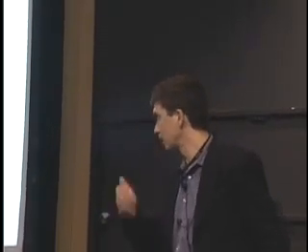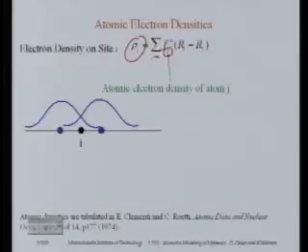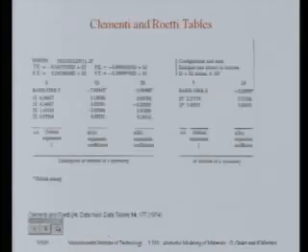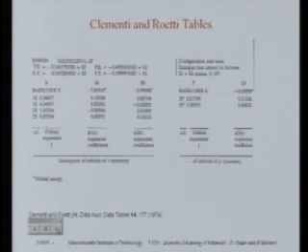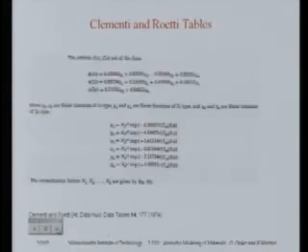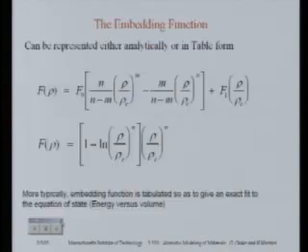People have calculated the atomic electron densities with Hartree-Fock methods, and they're tabulated in the Clementi and Roetti tables. They're basically parameterized by a bunch of Gaussians, but you can get those functions. Let me skip through that.